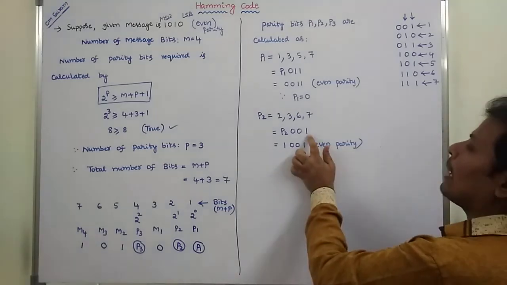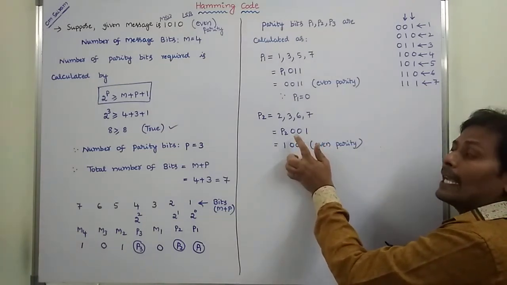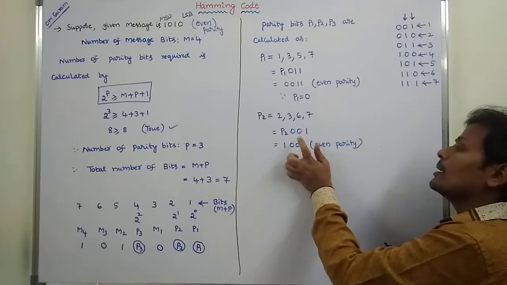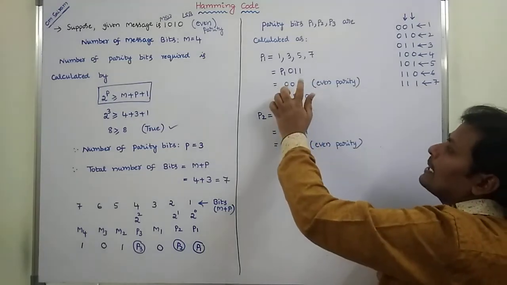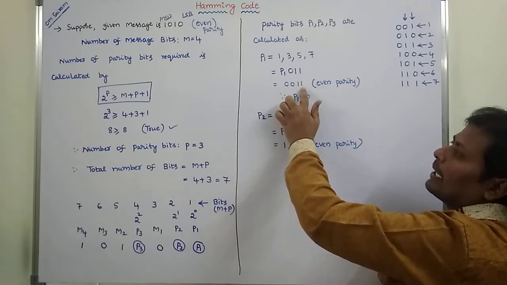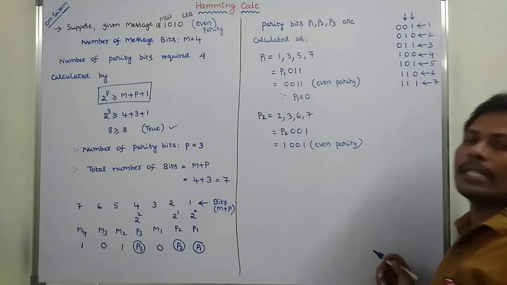Here only one single one is there. So P2 is equal to 1.